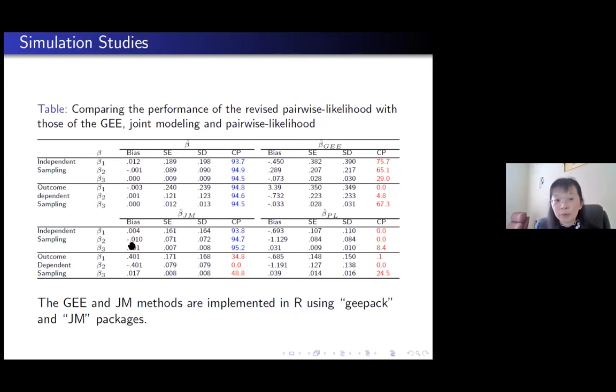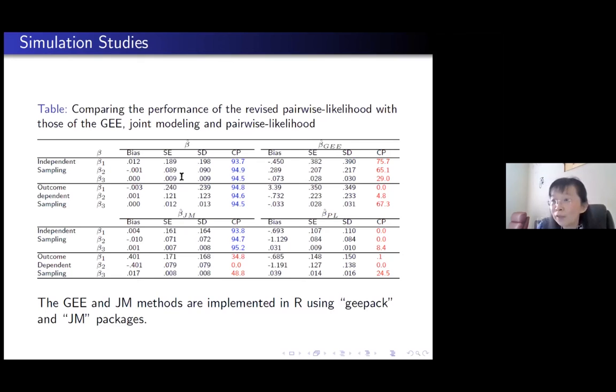The joint model implemented in the R package can properly handle the informative censoring, but cannot deal with the outcome-dependent sampling. So under the first setting, the joint model works well as expected. Also, its standard errors were smaller than those of the proposed method, since all distribution information was used in the joint model method.